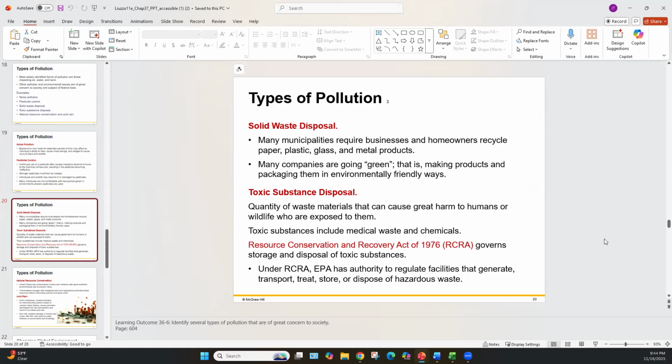Under RCRA, EPA has authority to regulate facilities that generate, transport, treat, store, or dispose of hazardous waste. So that procedure of generating it, creating the problem, transporting it, moving it from A to B, how you treat it to make it stable enough, how you store it, of course, and how you dispose of it.